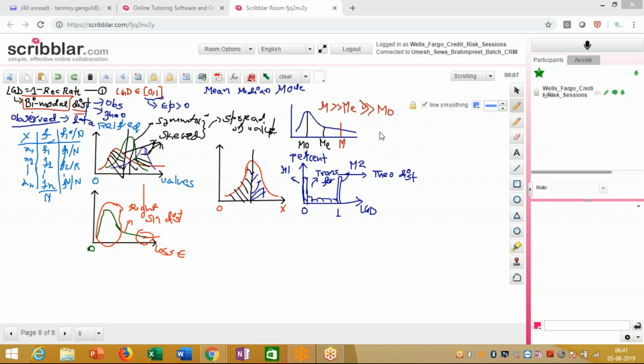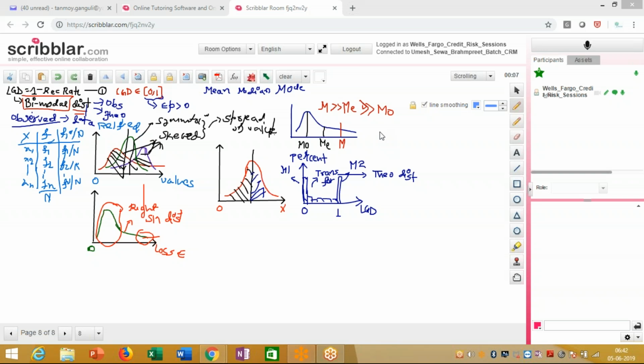So it is this relative frequency which is very important. Understanding it also becomes important because the different ways in which the relative frequency is distributed give you your different kinds of distributions.